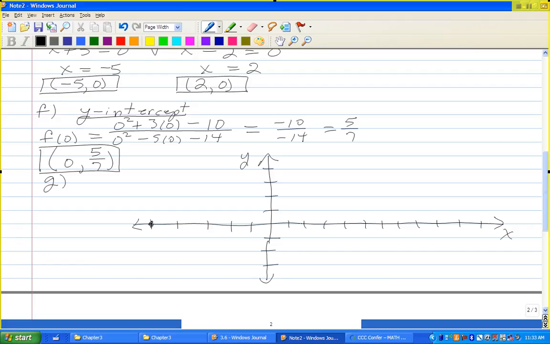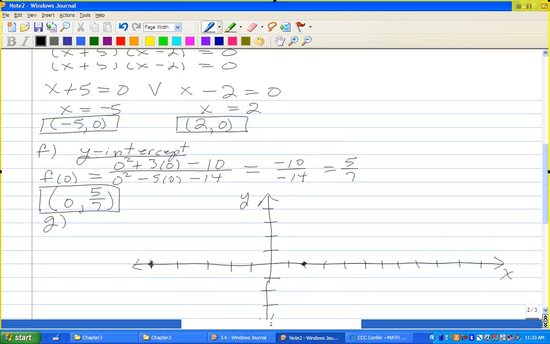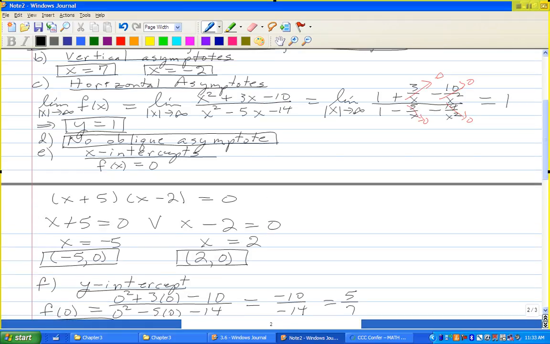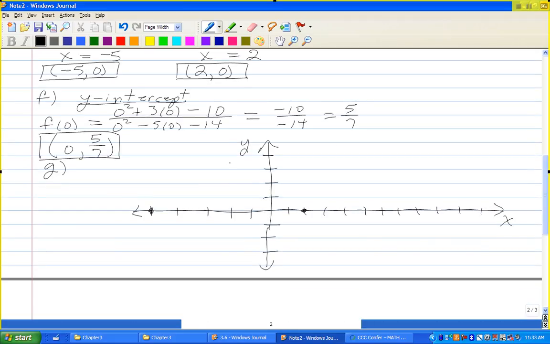It's 0 there. At 2, it's 0. Asymptotes at 7 and negative 2. 1, 2, 3, 4, 5, 6, 7.